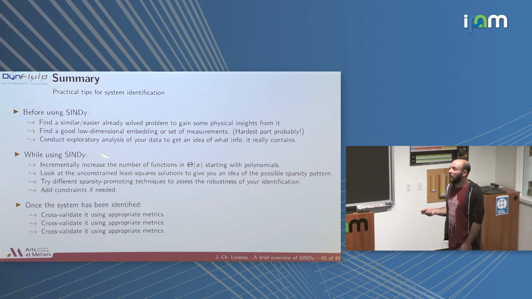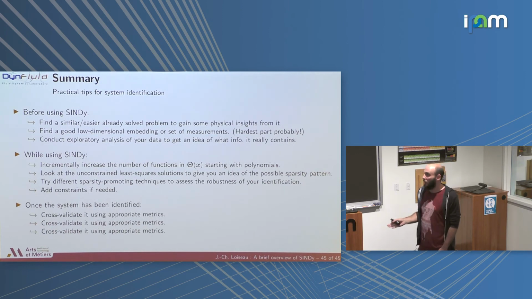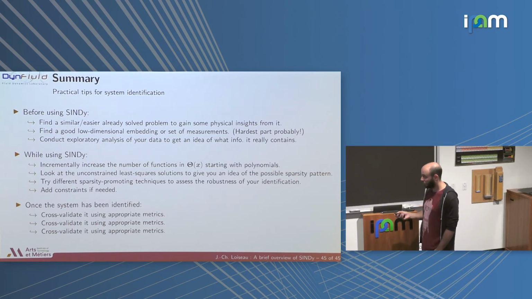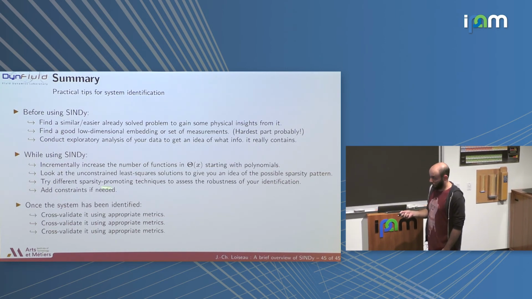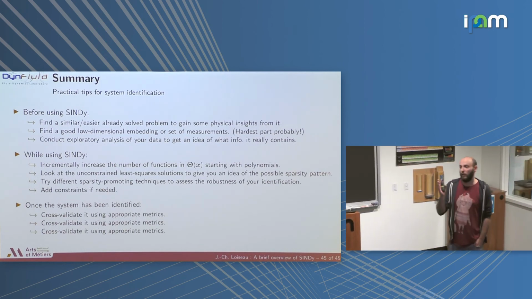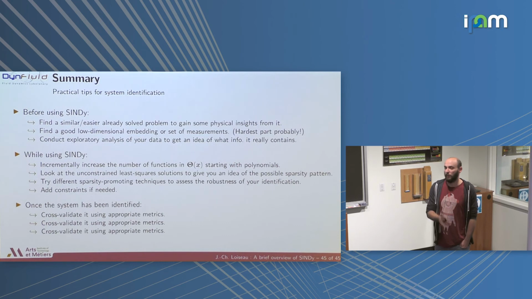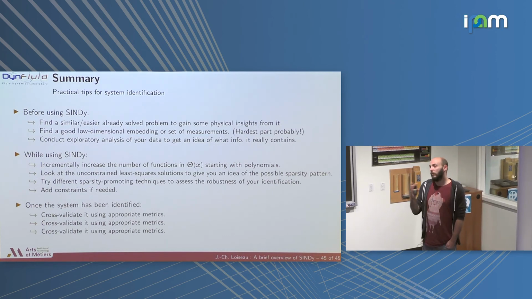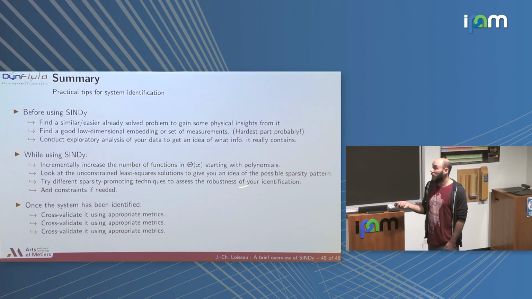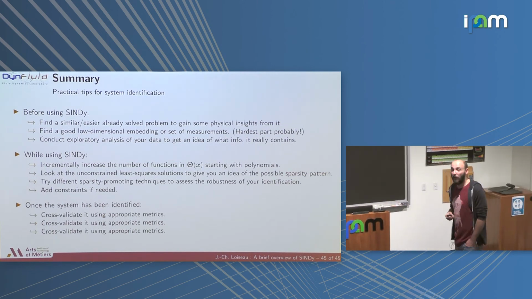Looking at the unconstrained least squares solution before doing any kind of sparsity regression is also a good idea, because if your least squares solution is bad, it's very unlikely that your sparse solution is going to be any better. And also, from my experience trying different sparsity promoting techniques, not just lasso, but forward regression least squares or hard thresholded least squares, you should really try all of them on your problem because they have different properties, and that will allow you to assess the robustness of your identification.